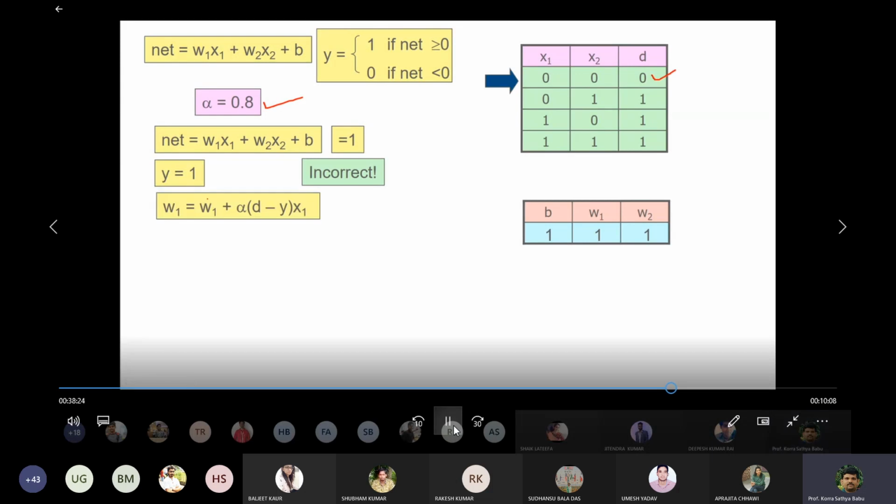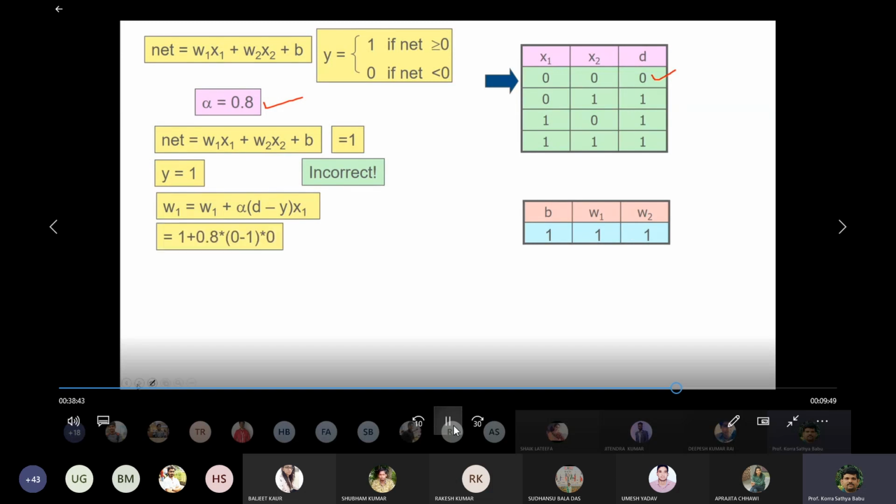It is not correct. So W1 is equal to W1 plus alpha, the learning rate, into desired output minus attained output, into X1. So you have to now compute this one. You are changing the weights, updating the weights and bias now.